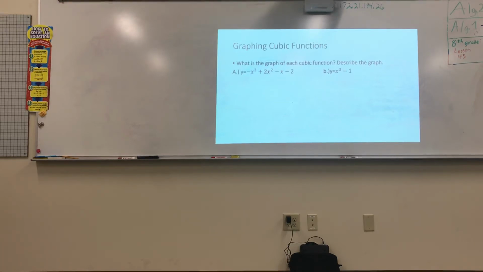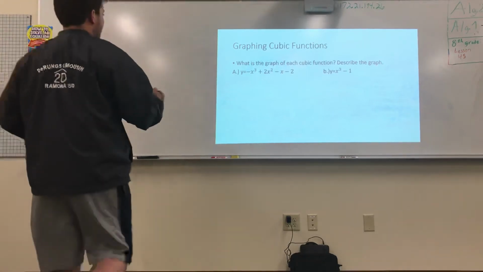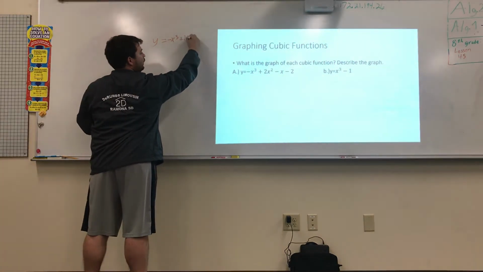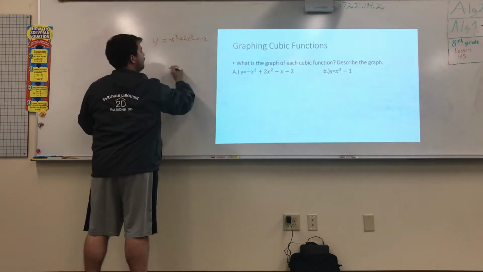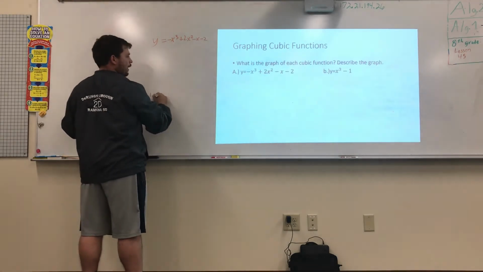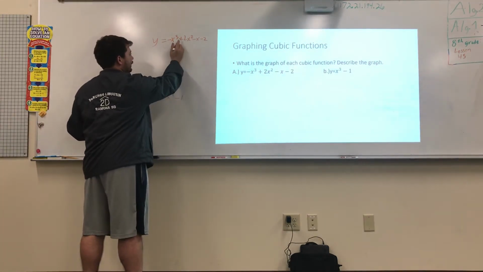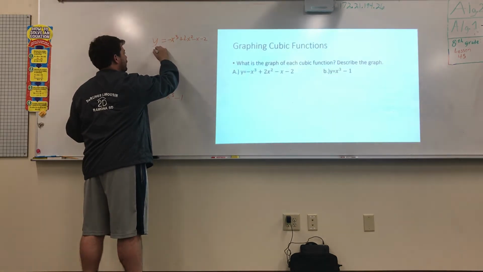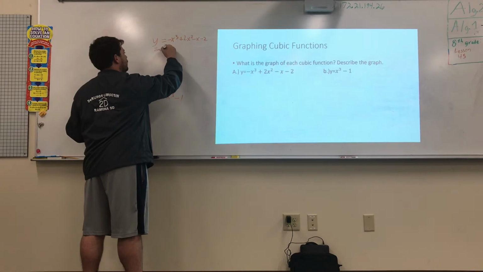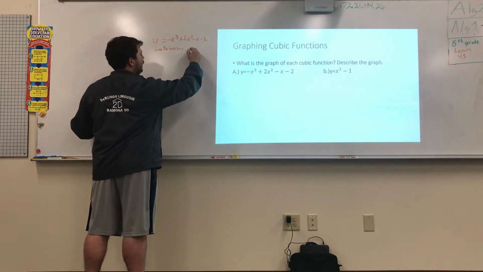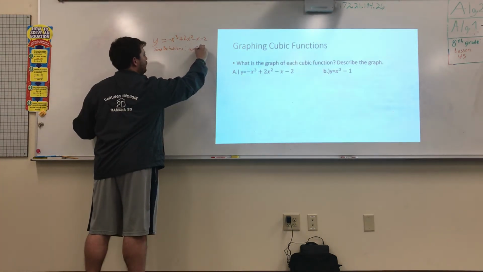What is the graph of each cubic function? Describe the graph. So describing the graph is exactly what that chart did before. So I'm going to have to put this into Desmos, and while we're at it, let's write down y equals x to the third minus 1. It is negative, it is odd, so that tells me the end behavior is probably up and down.